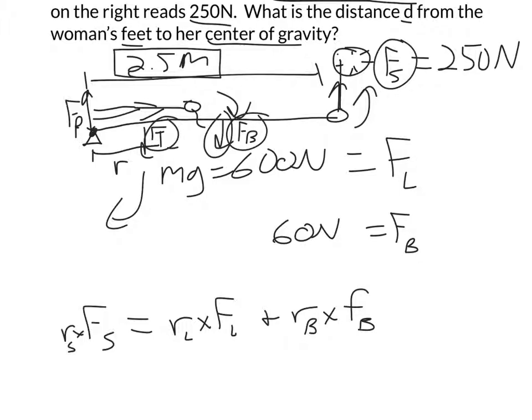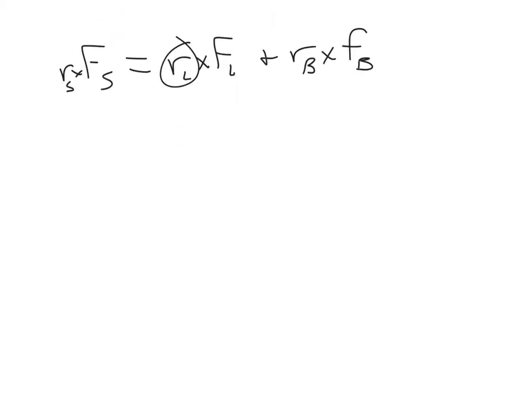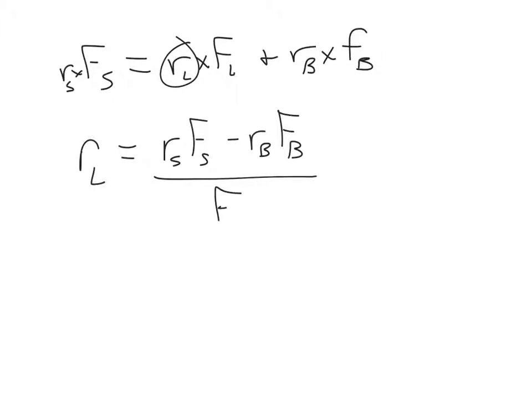So if we're plugging things in, and of course, what are we solving for? Before I start plugging things in, let's figure that out. We're solving for a radius of the lady. So this is our unknown. So let's solve for that. Give ourselves some room. So the radius at which the lady's force acts should be equal to r cross f for the spring minus r cross f for the board, divided by the lady's force.